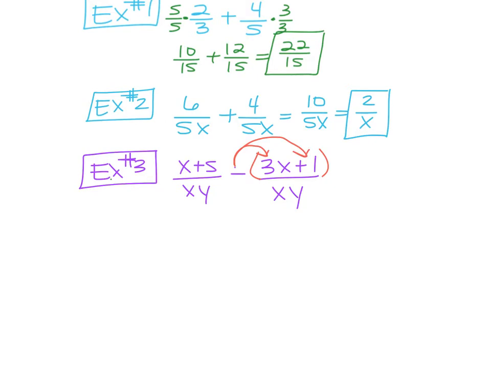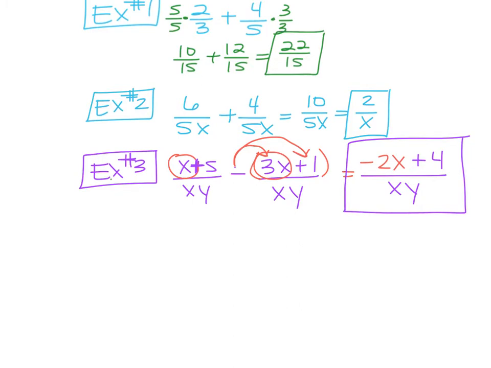So on top, it's going to be x minus 3x, which is what? Negative 2x. And then that was a plus 5. 5 minus 1 is a positive 4. So plus 4 over what? xy. Does that make sense? So make sure you take that subtraction symbol to both those numbers.